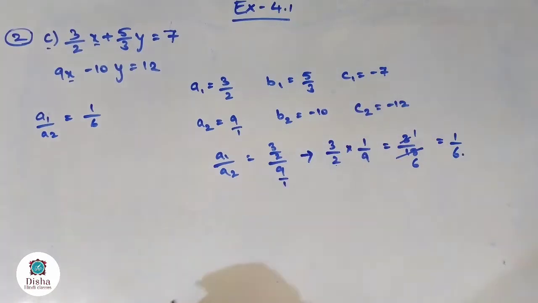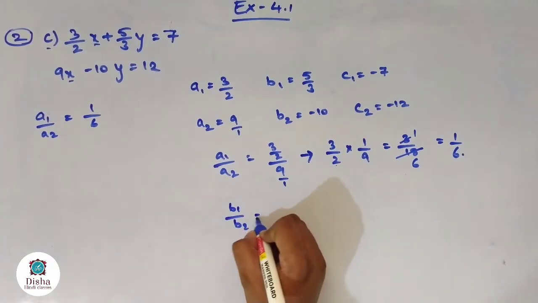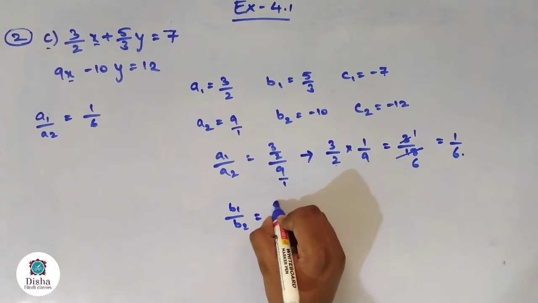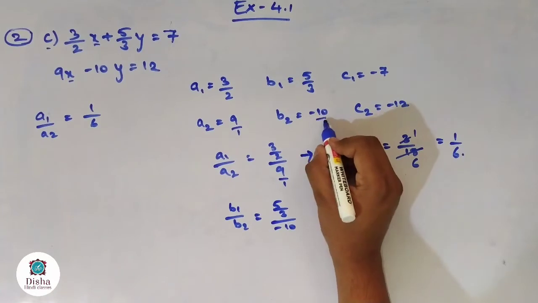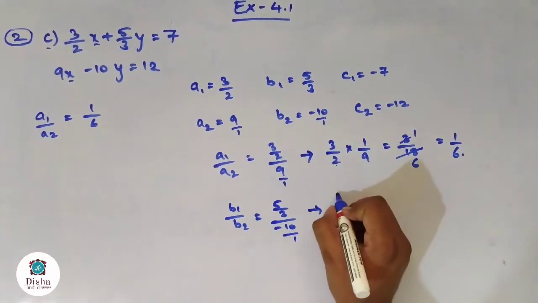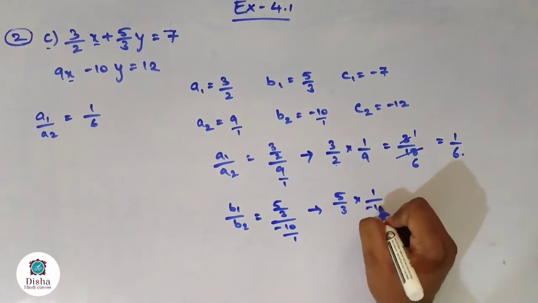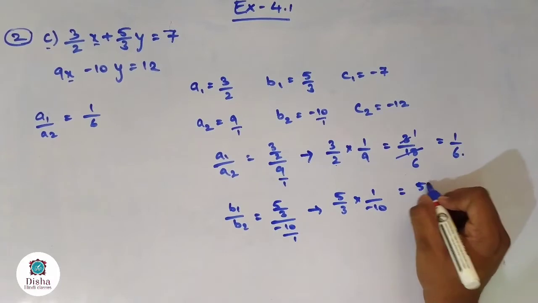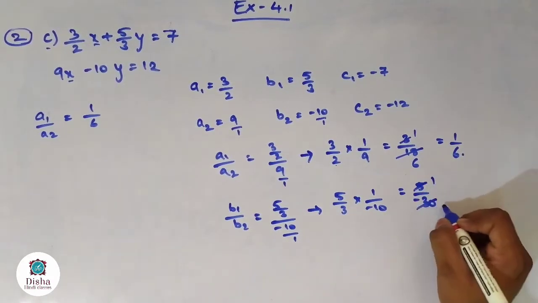Now B1 by B2. That will be equal to 5 by 3 by minus 10. So minus 10 we can write as minus 10 by 1. Again reciprocal: 5 by 3 into 1 by minus 10. So it will be 5 by minus 30. So 5 ones are 5, 5 sixes are 30.